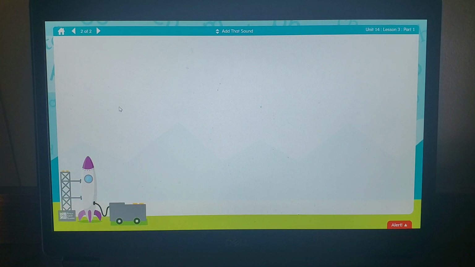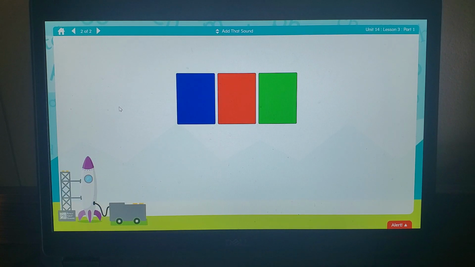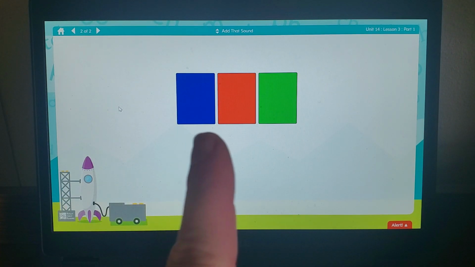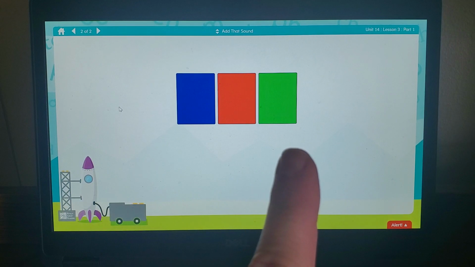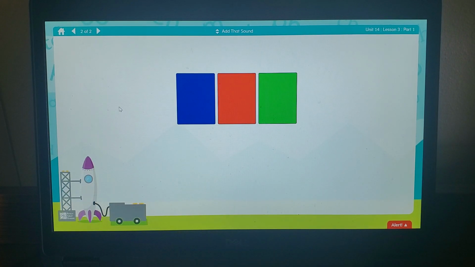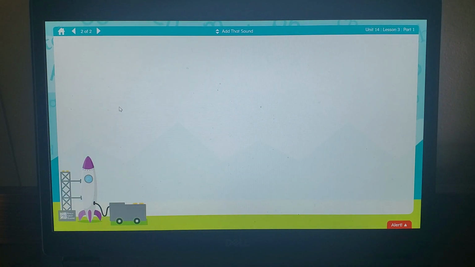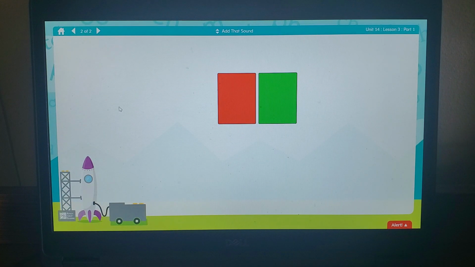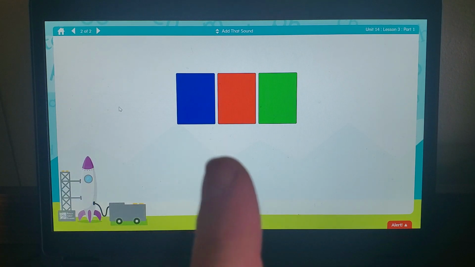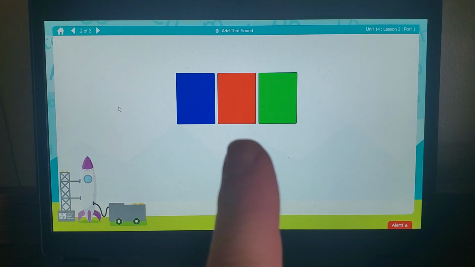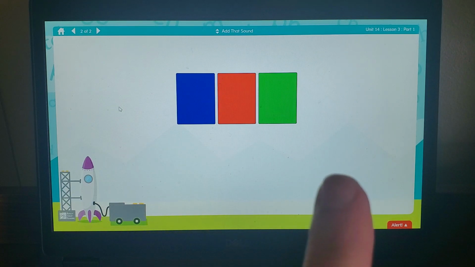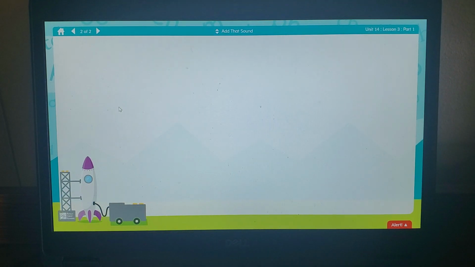Next we have on, add r at the beginning of on. Now we have on, run. Next we have ice, ice. Now add n at the beginning of ice, ice, nice. Next we have in.